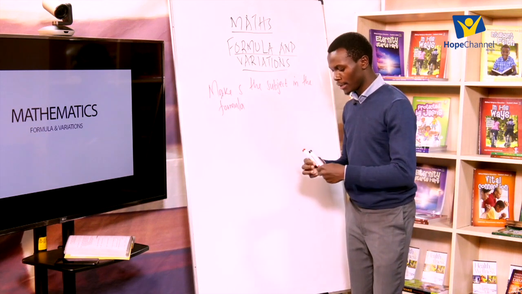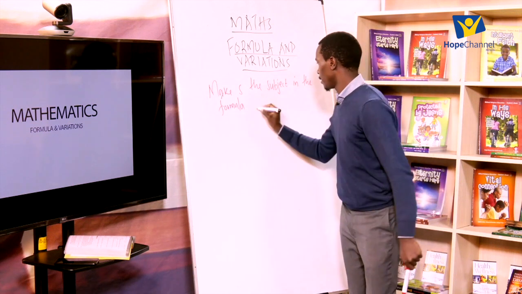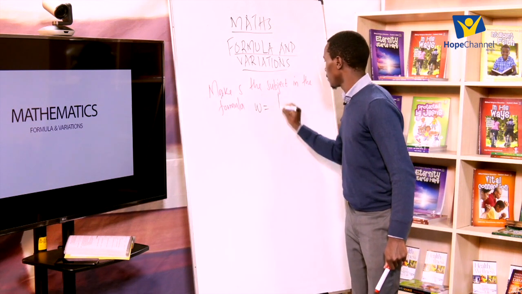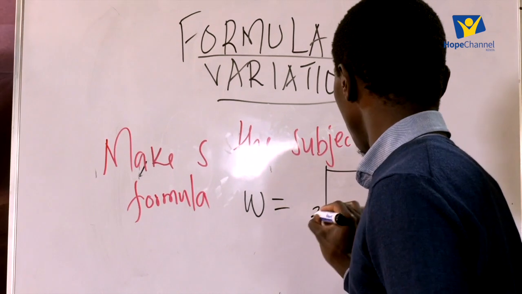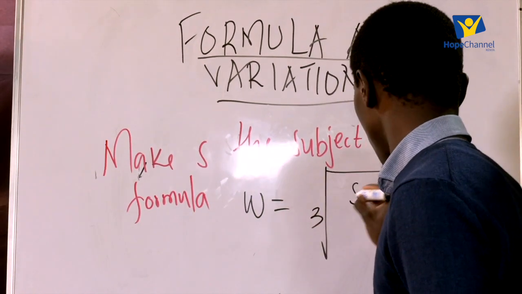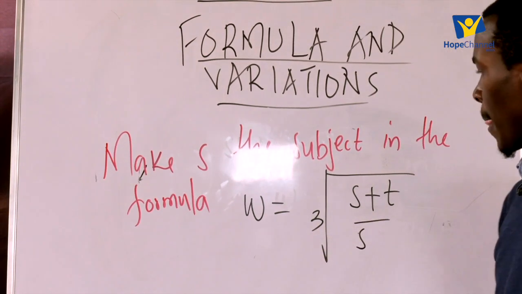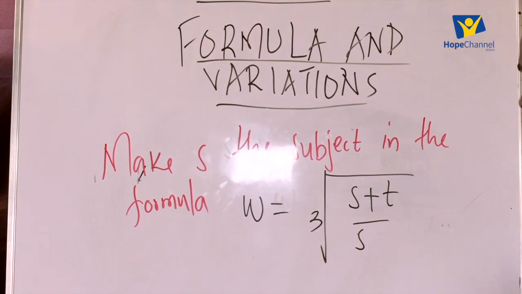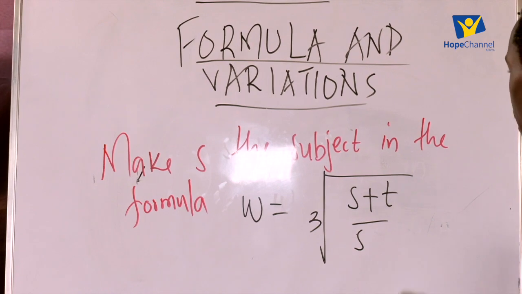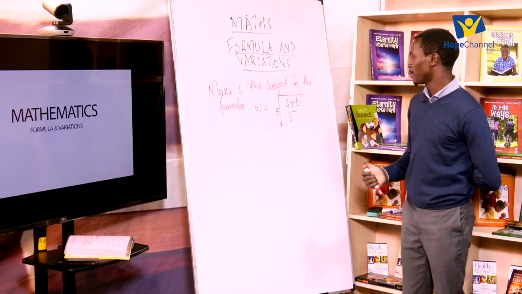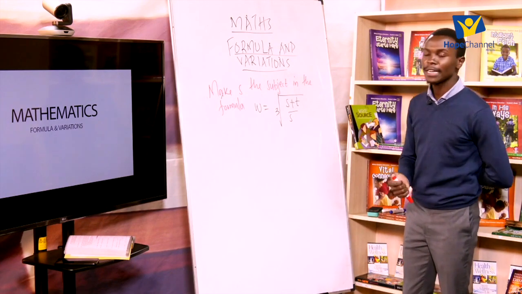So the formula is W is equal to the cube root of S plus T over S. So look at that. It is having a cube root on the other side, and then now we're supposed to find S, or to make S the subject.